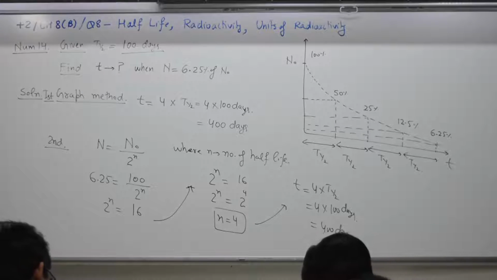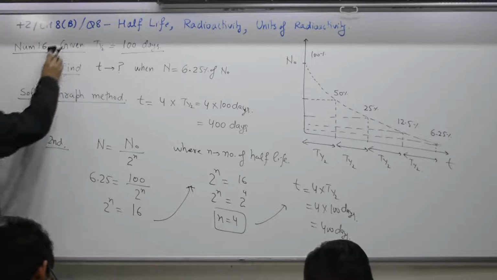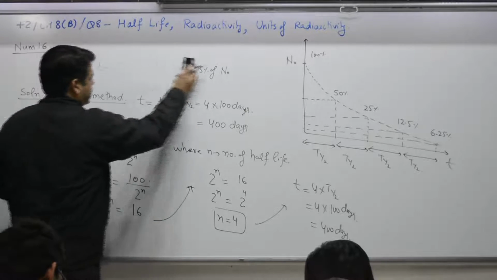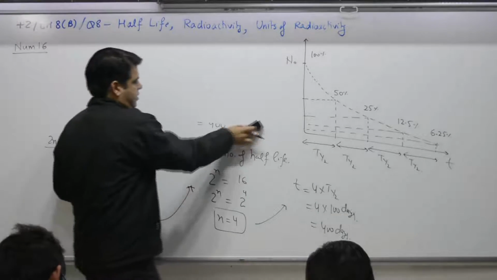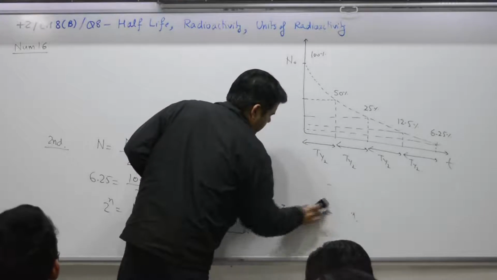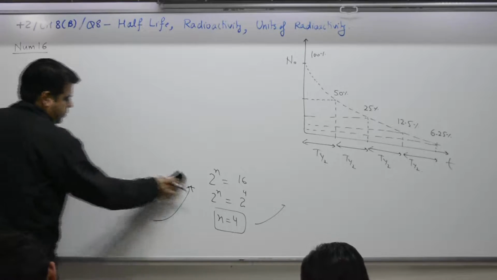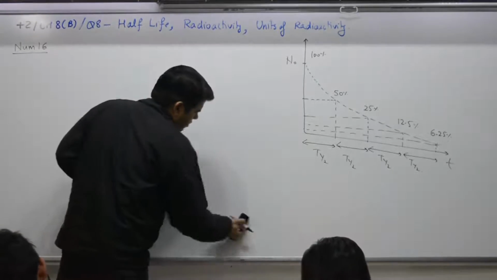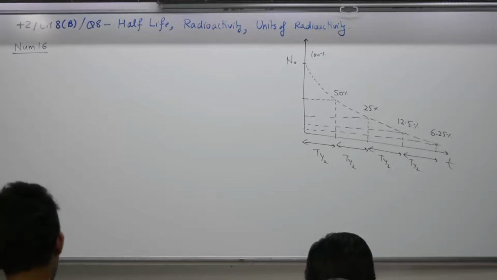Refer to numerical number 16. Numerical number 16: the half-life of radon is 3.8 days.